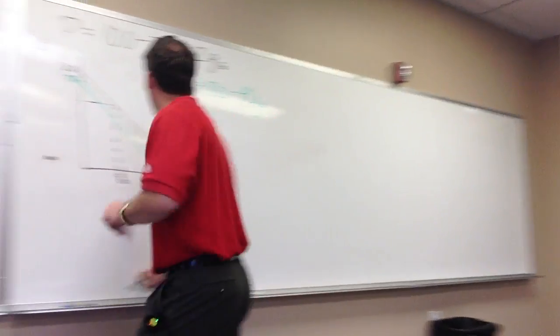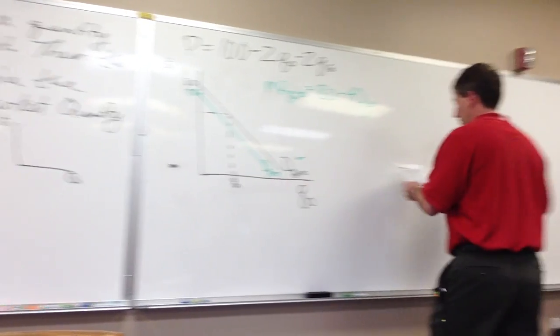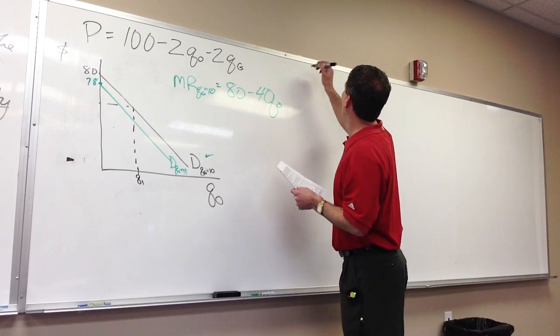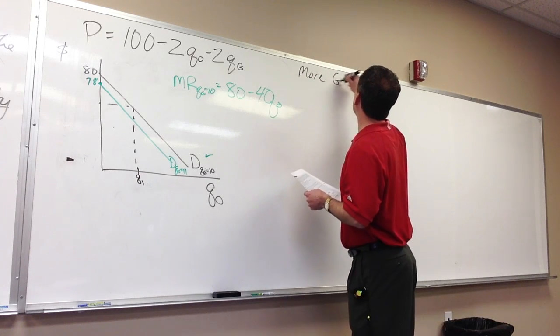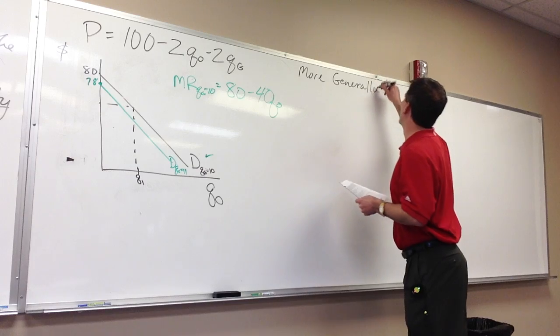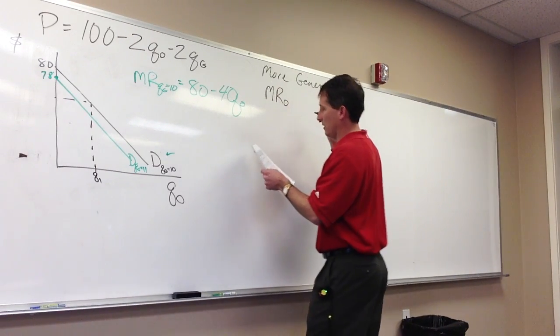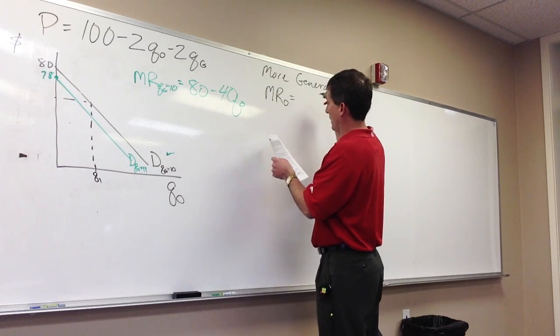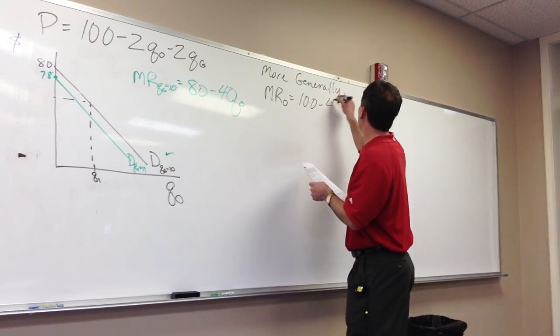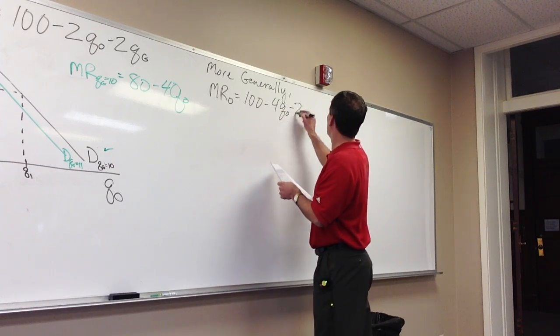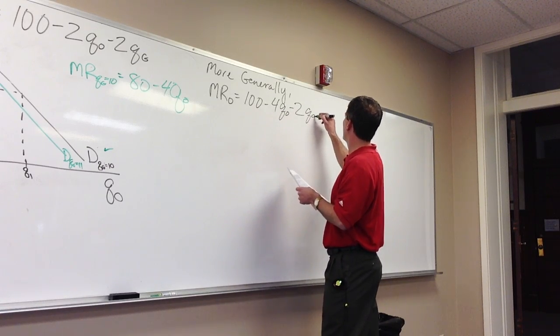So now I want to think about how the actual marginal revenue function looks. From this demand curve, more generally, the marginal revenue for Oil Pro is 100 minus 4QO minus 2QG.